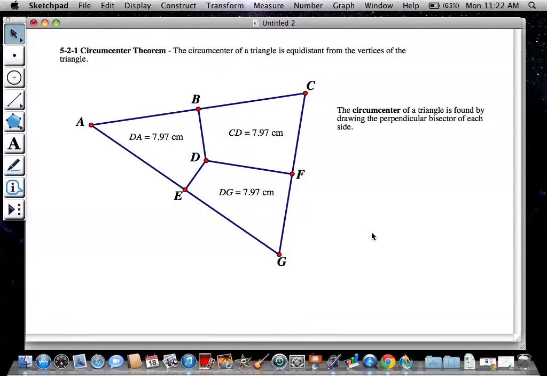Alright, so first thing, the circumcenter of a triangle is found by drawing the perpendicular bisector of each side. So right here for triangle ACG, I've drawn the perpendicular bisectors. So these two segments are congruent, these two are congruent, these two are congruent.